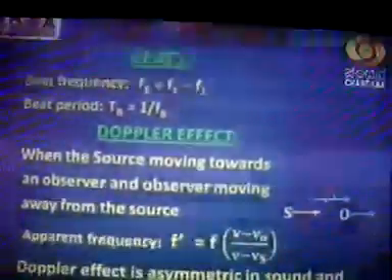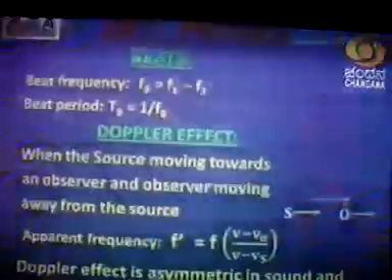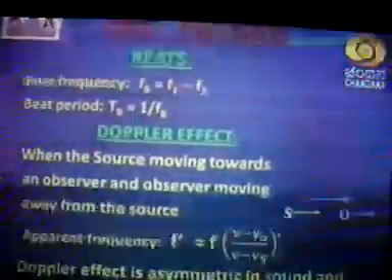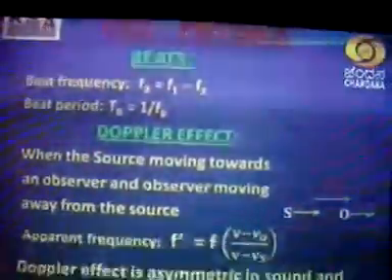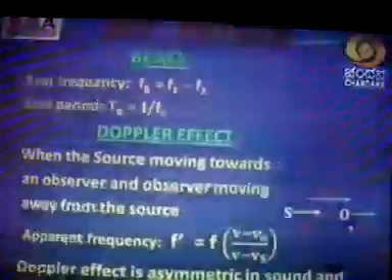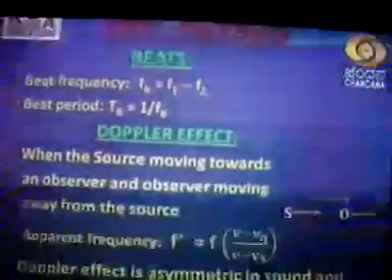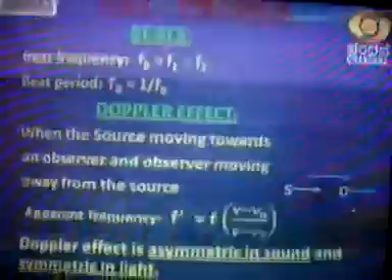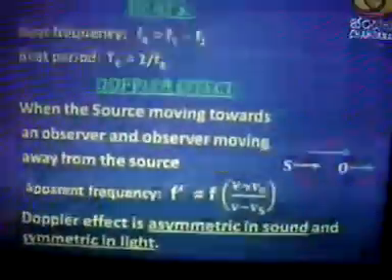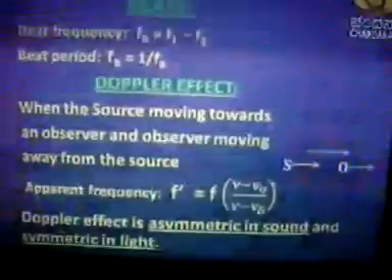So look at the diagram, all three are in the same direction, then the formula is this. Then different cases: if the observer is moving towards the source, then in place of V0 we have to substitute minus V0, so that the formula becomes (V plus V0) upon (V minus Vs).